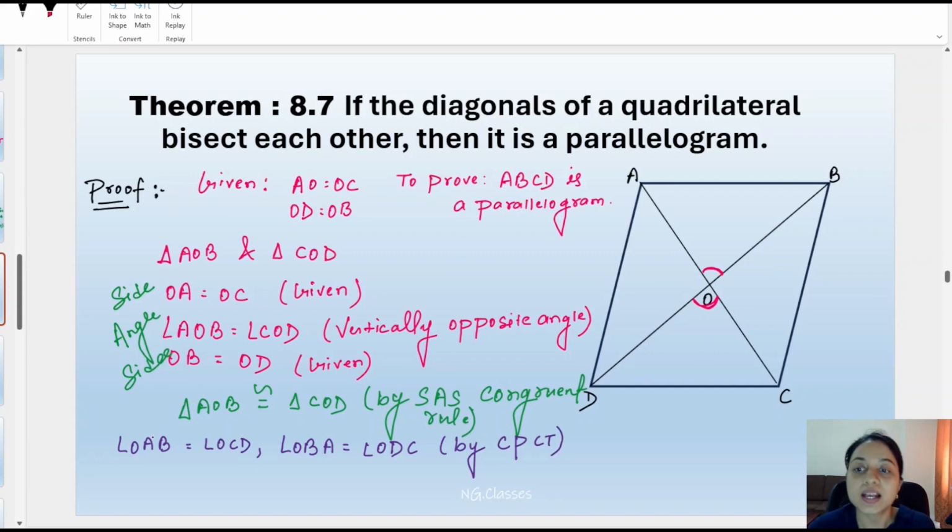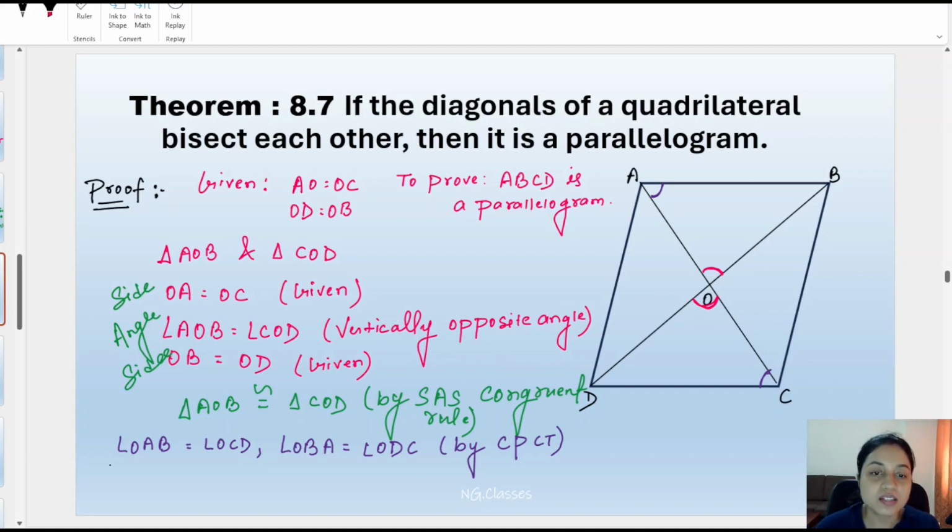Now since angle OAB, that means this angle, is equal to angle OCD, and we are having two lines AB and CD where AC acts as a transversal, and these two angles are equal to each other. Hence we can say that AB must be parallel to CD.